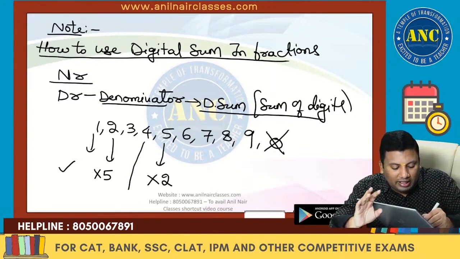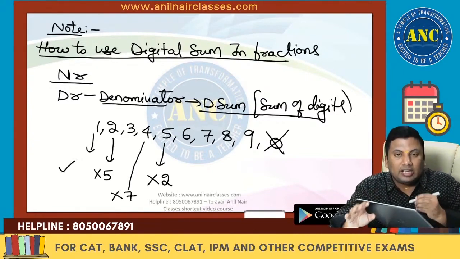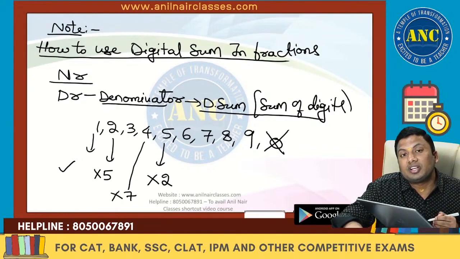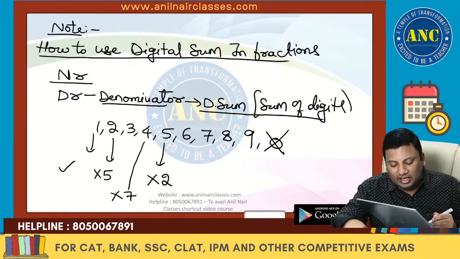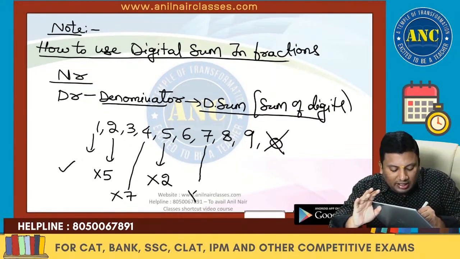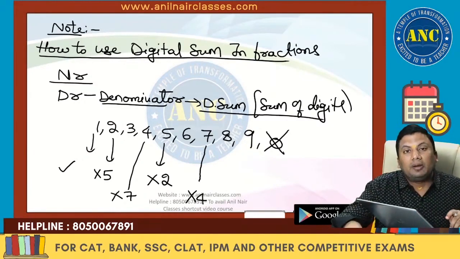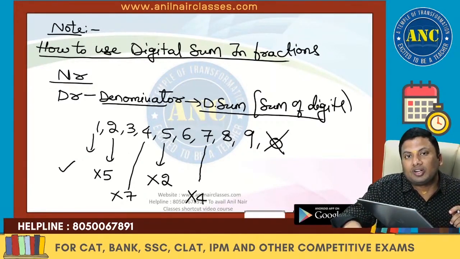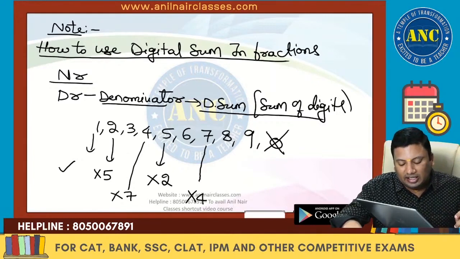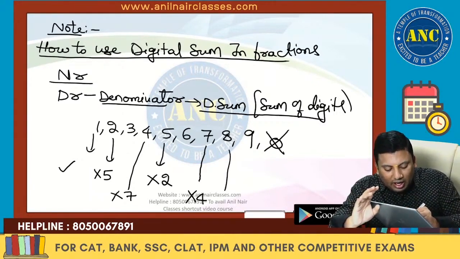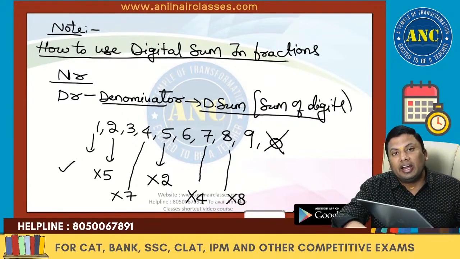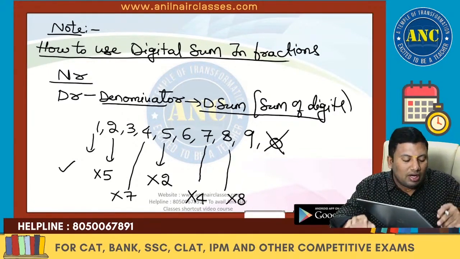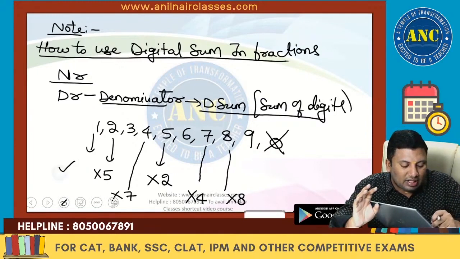If it is 4, multiply it by 7. 4 7s are 28, 2 plus 8, 10, which is 1. If it is 7, multiply it by 4. 7 4s are 28, 2 plus 8, 1. If it is 8, multiply it by 8. 8 8s are 64, and the digital sum of 64 is 1.